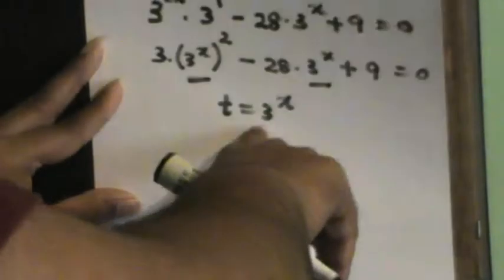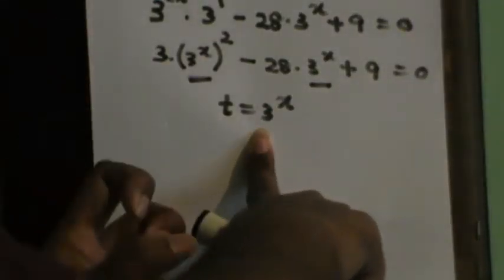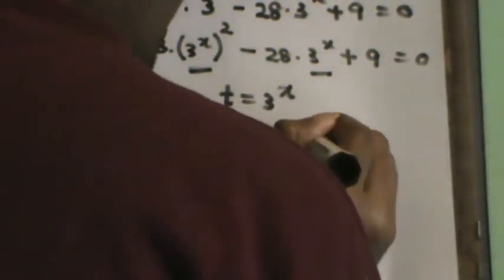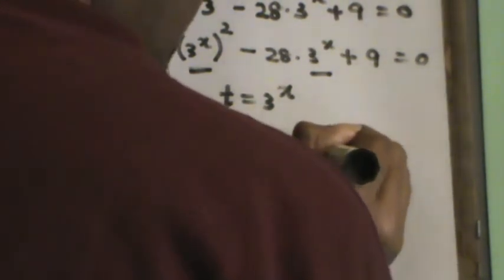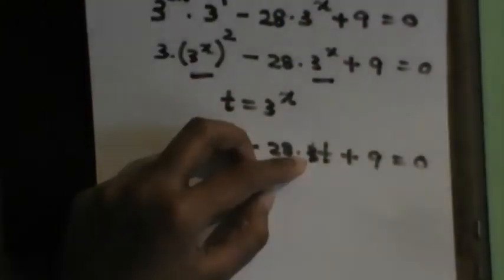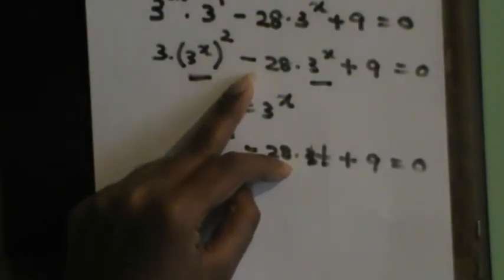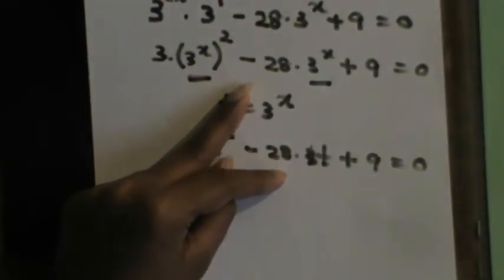I'll substitute the value of t directly. So 3 times 3 to the power x squared is 3t squared, minus 28 times 3 to the power x, which is t, plus 9 is equal to 0. So 3t squared minus 28t plus 9 is equal to 0.